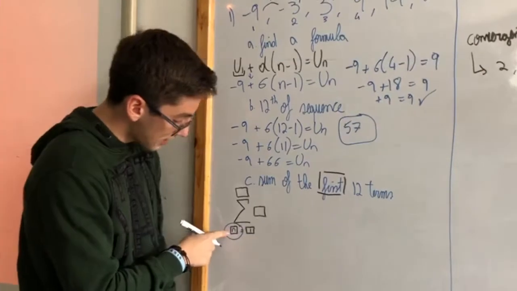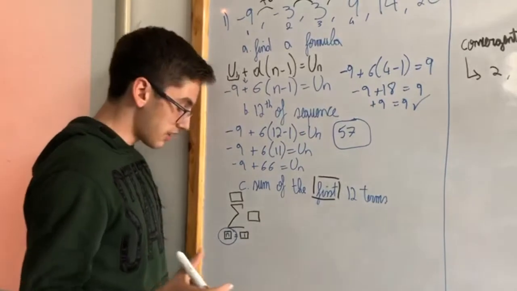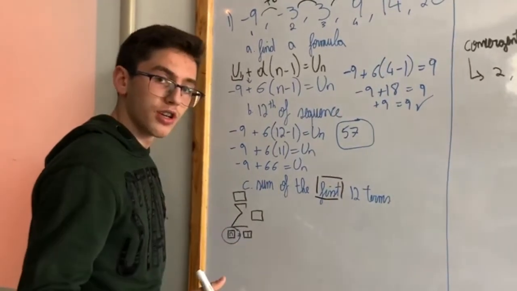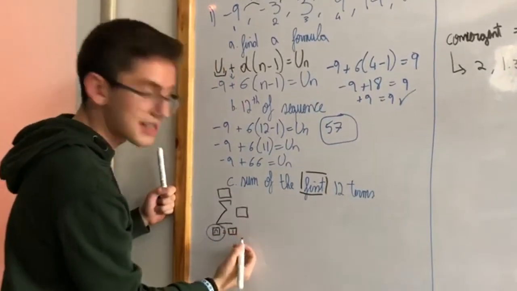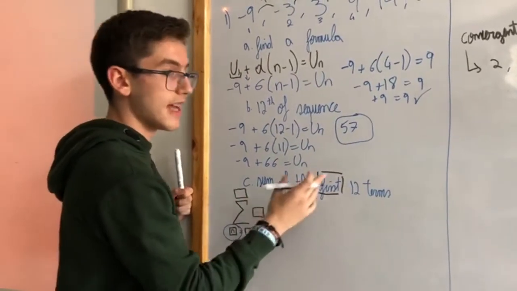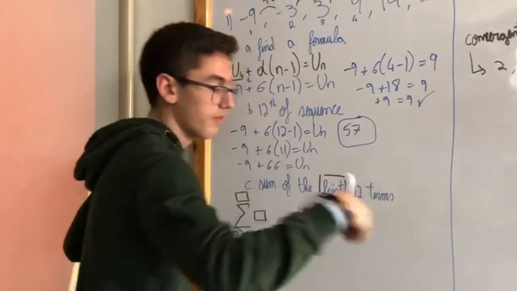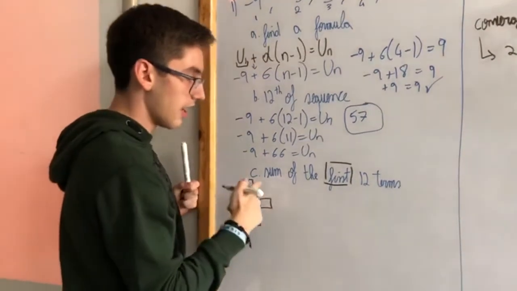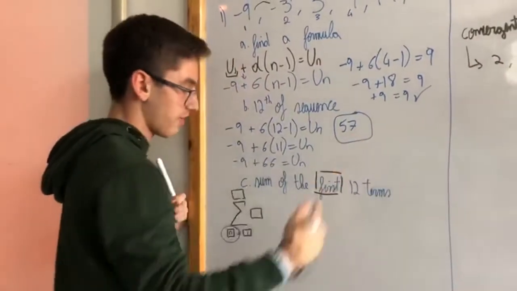What technically this is saying is that you want to calculate the sum of the sequence starting from the first term, because you're saying the sum of the first 12 terms. So n has to equal 1. Let's say I ask the sum of the 10th to 12th term, then n would equal 10, because it's going from 10 to 12. And then here is basically the number of terms of the sum you're trying to find.